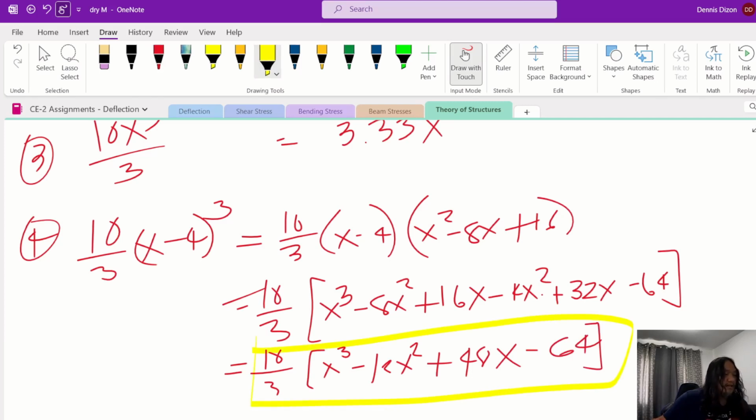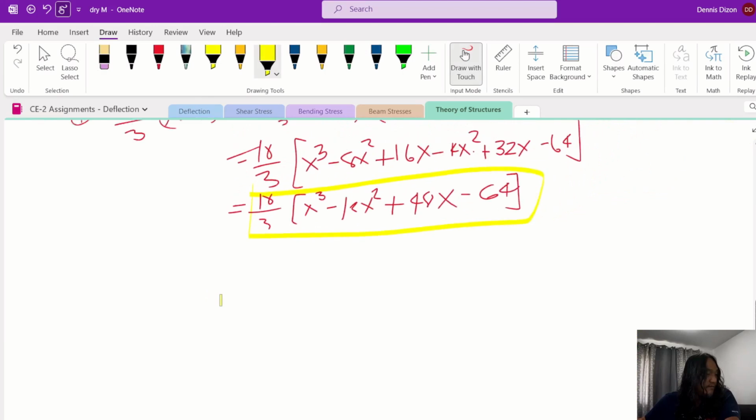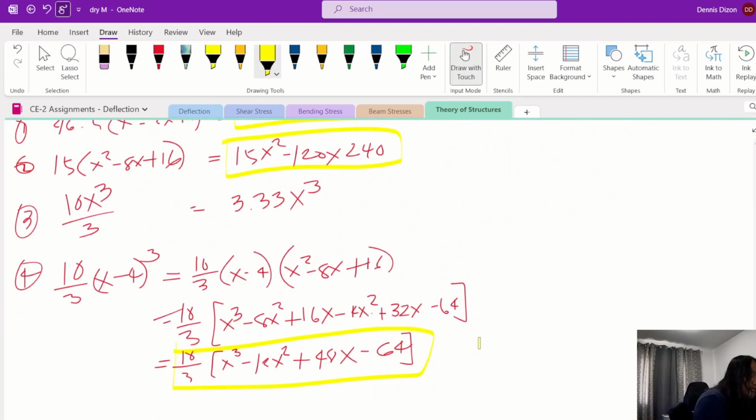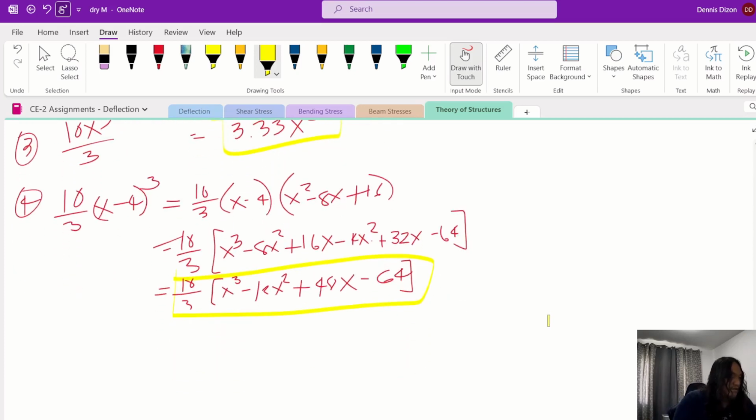So if we add everything, will it fit? Yeah. Adding everything here, we'll simplify this one first. So 10x cubed over 3 is 3.33x cubed.